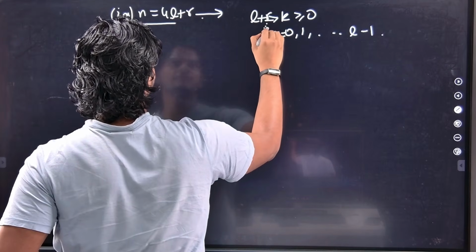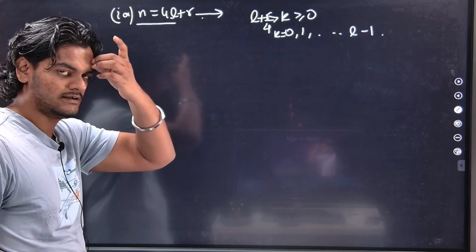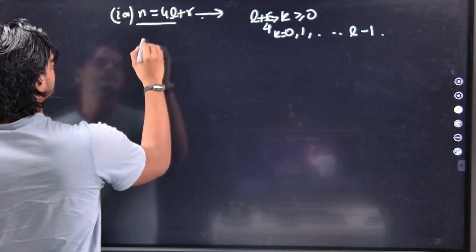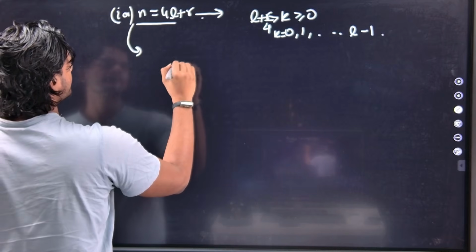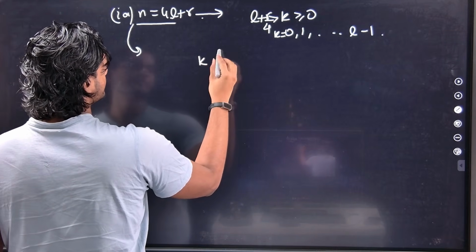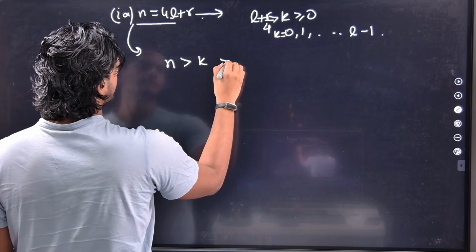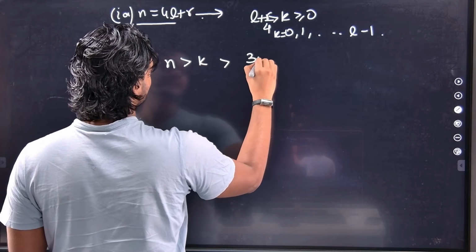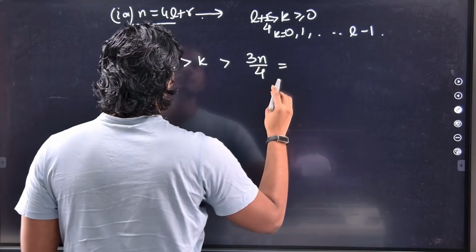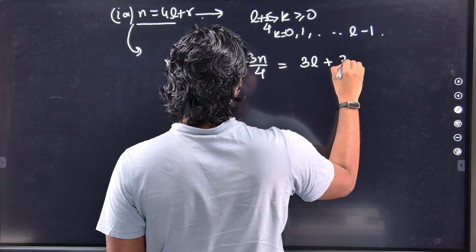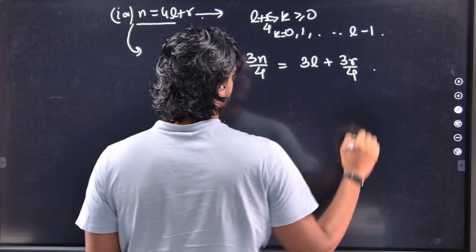But for the other case, because you also had k has to be less than n, but greater than 3n by 4, and that would be 3l plus 3r by 4.